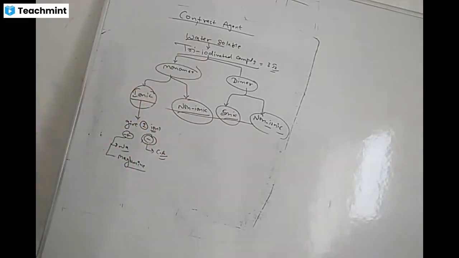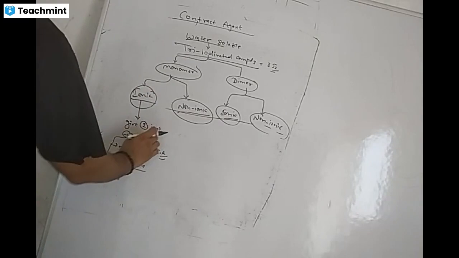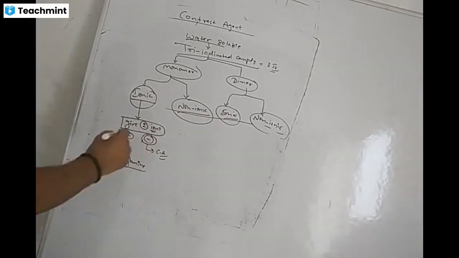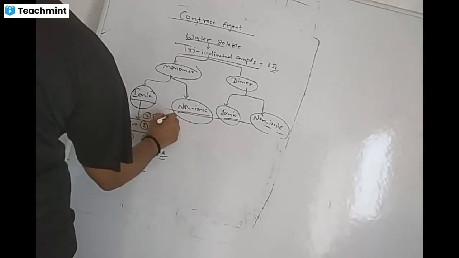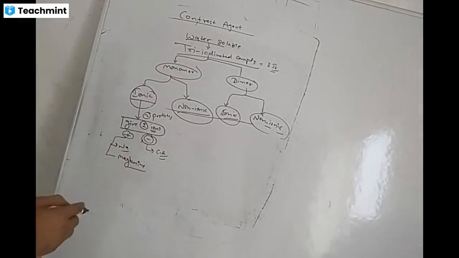So ionic compounds give you two particles in the solution.